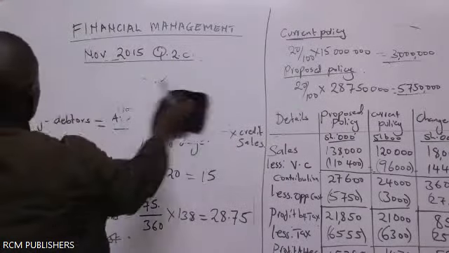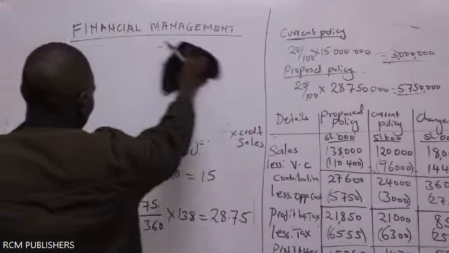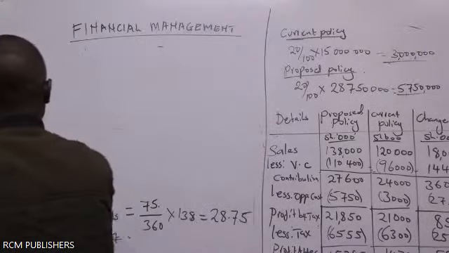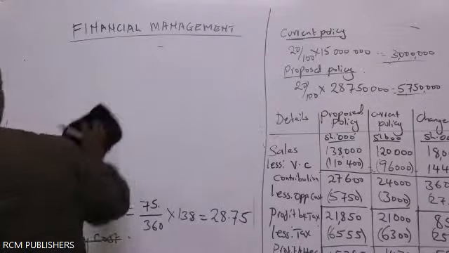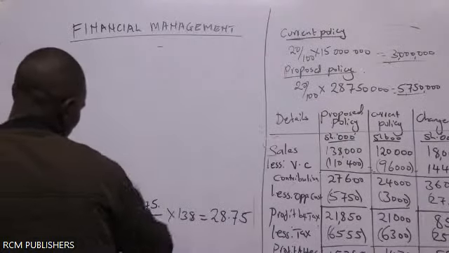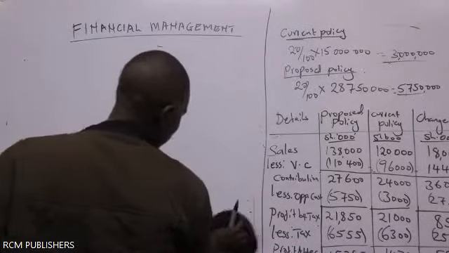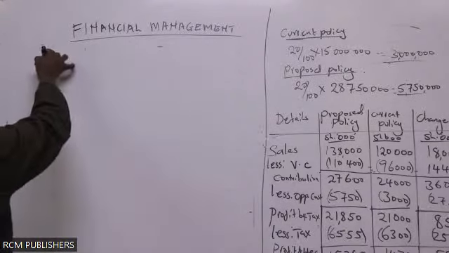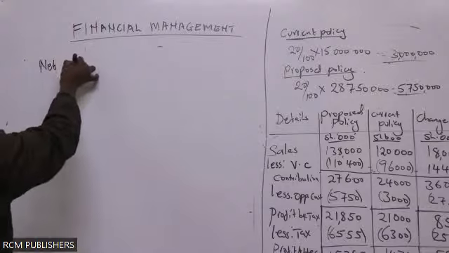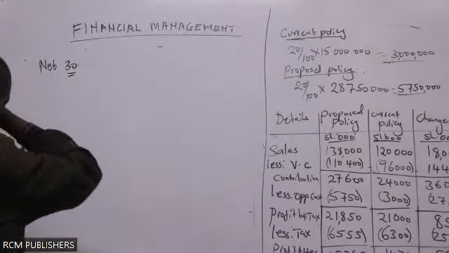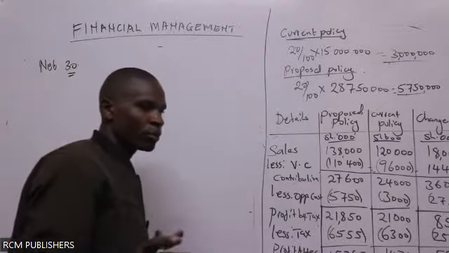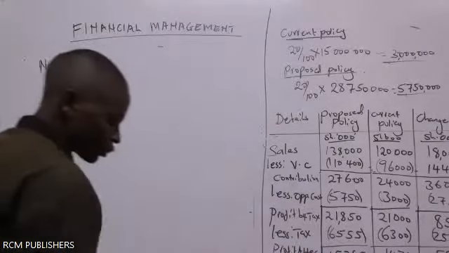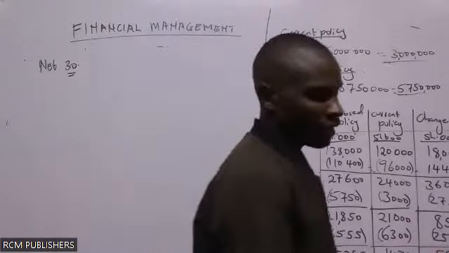Let me just recap that for you. We say net 30. But sometimes that is not enough: it should be net 30, then some information telling you of a discount.